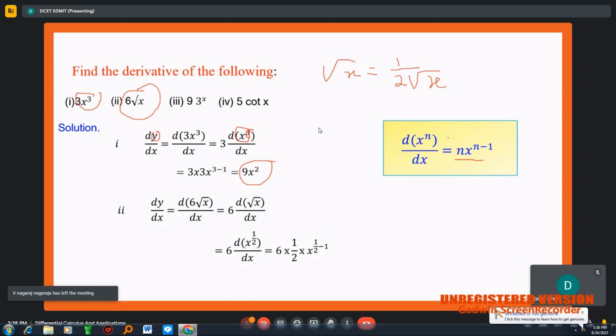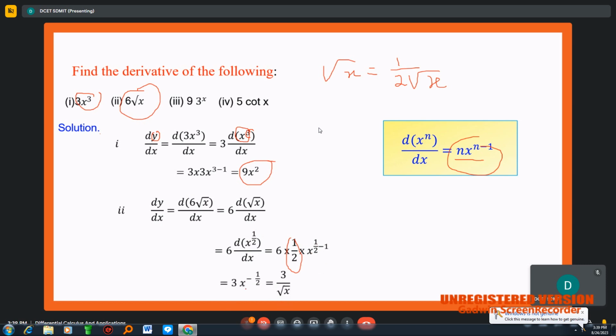See here how we are deriving 1 by 2 root x. 6 into differentiation of root x. Root x I am writing as x to the power of 1 by 2. Differentiation of x to the power of 1 by 2, we are applying the power rule, that is n into x to the power of n minus 1. 6 is a constant. 6 into n equal to 1 divided by 2, x to the power of 1 by 2 minus 1.